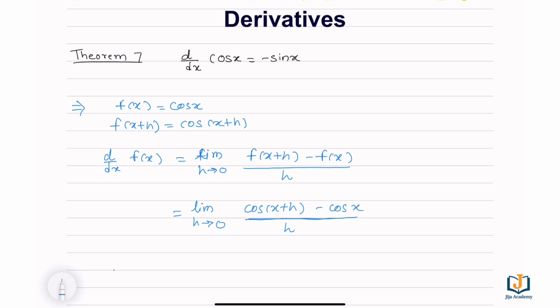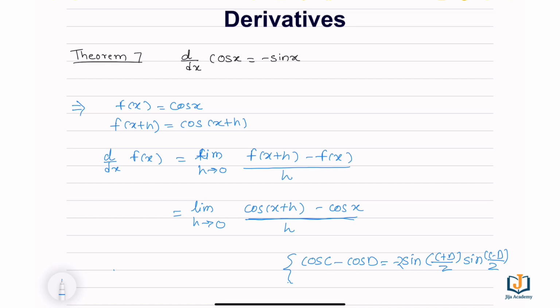Now for that we are using the formula cos c minus cos d is equal to minus 2 sin (c plus d) divided by 2 into sin (c minus d) divided by 2.